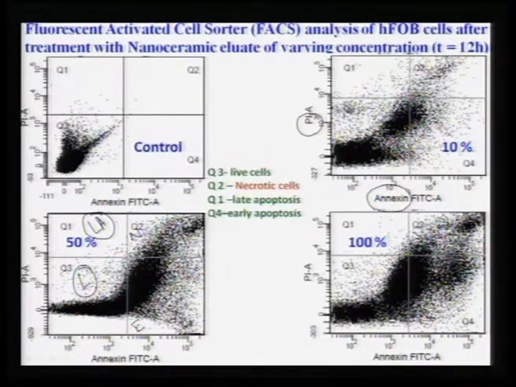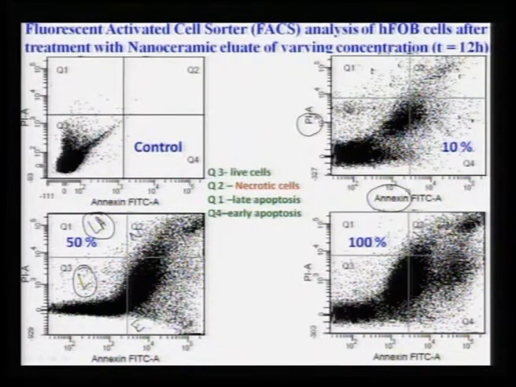Let me summarize. You see here 4 quadrants, 1, 2, 3, 4, and the individual data points are collected from one cell. So, each data point means one cell's information.